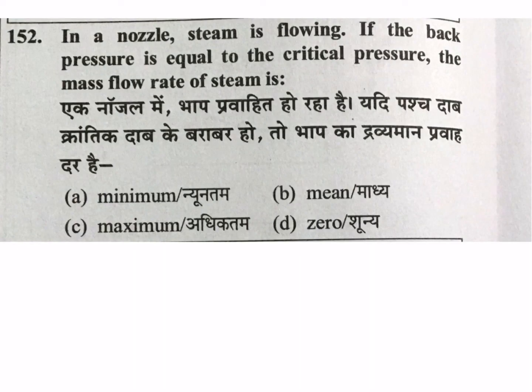Steam nozzle question. In a nozzle, steam is flowing. If the back pressure is equal to the critical pressure, the mass flow rate of steam is maximum. This one is also a regular question. Back pressure is equal to critical pressure. Then mass flow rate of steam is how much? This is maximum. C is your correct answer. We know for choked flow, your mass flow rate is maximum when your back pressure is equal to critical pressure, and the flow is called choked flow.